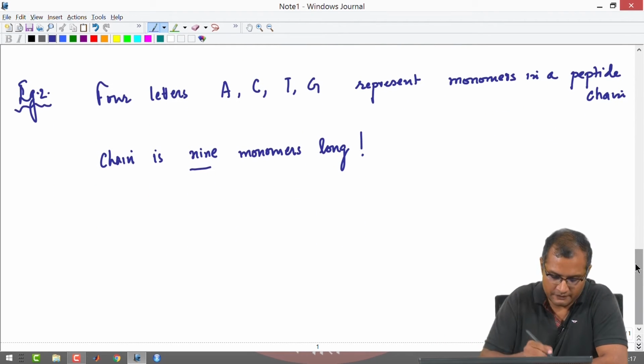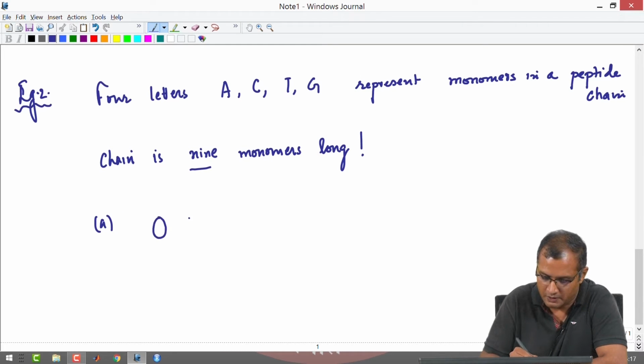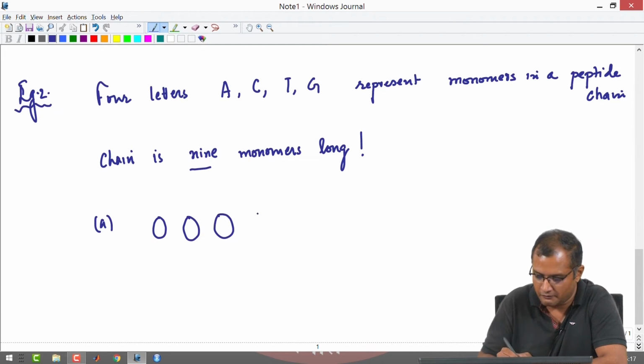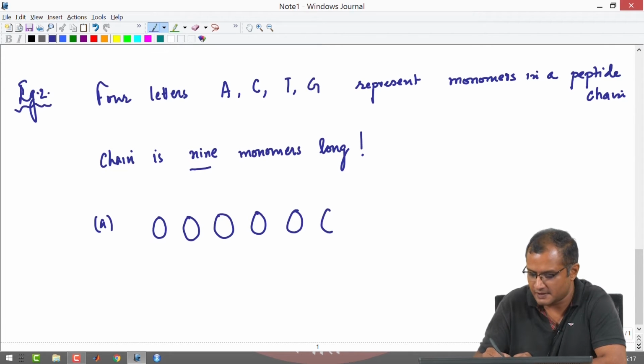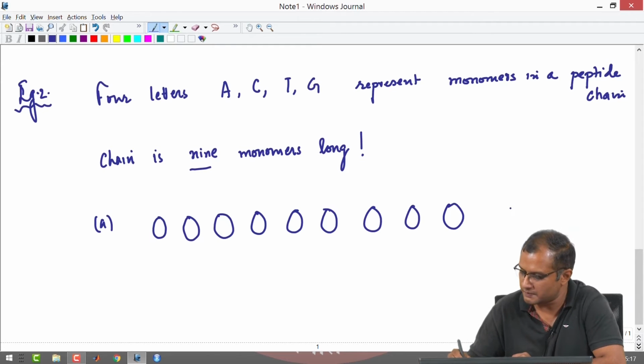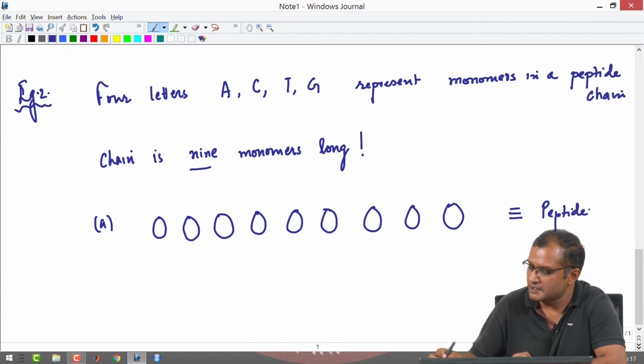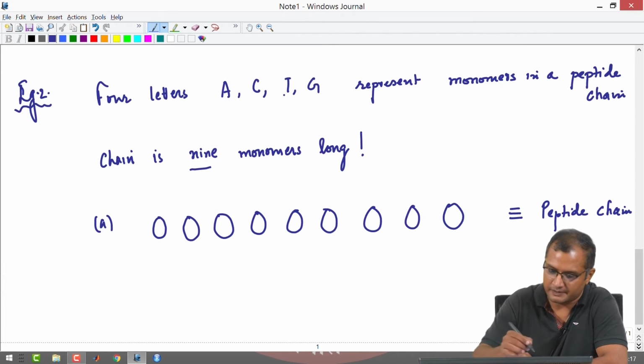And you ask yourself a question: so I have 9 monomers, 1, 2, 3, 4, 5, 6, 7, 8 and 9. So, this is your typical peptide chain, and the empty slots have to be filled with these 4 letters.